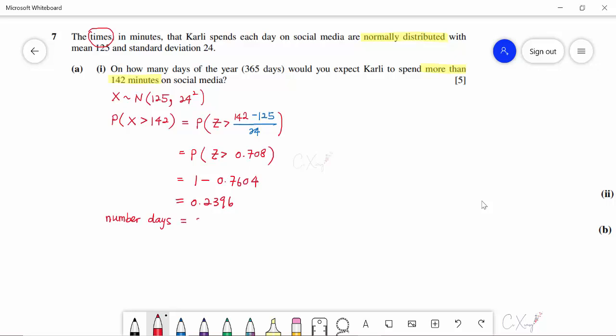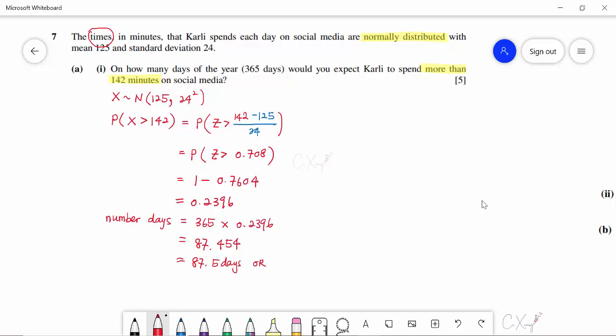So you should take 365, multiply with the probability that you get, and the answer should be 87.454. If you want, you can change it to a whole number.